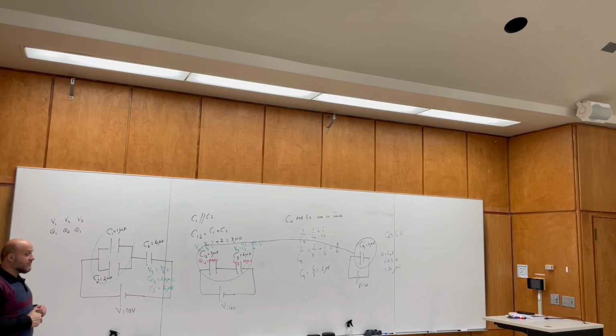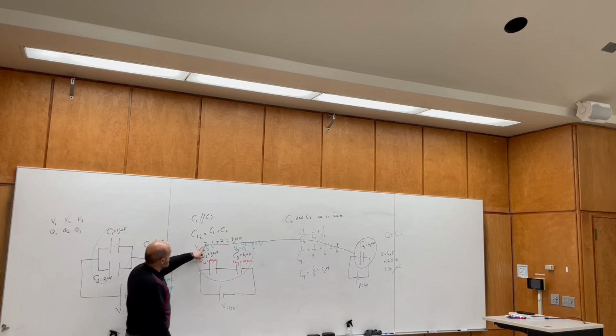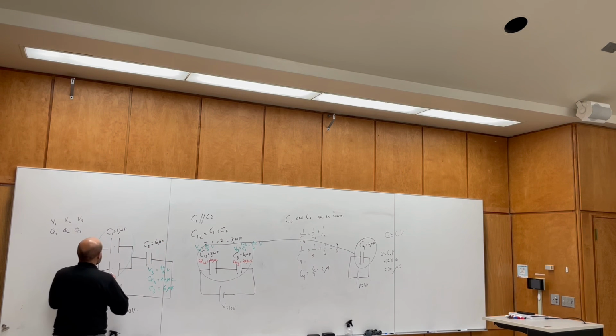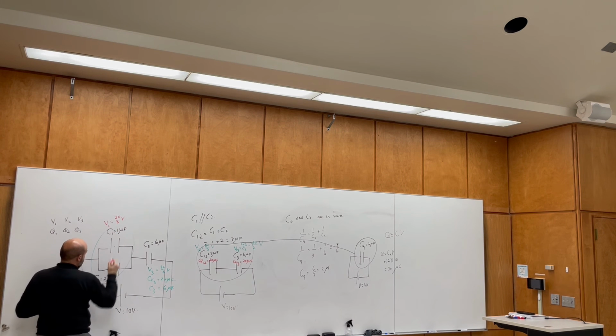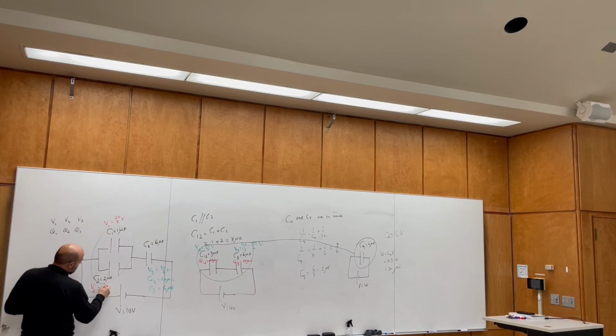And parallel means they have the same voltage as the equivalent. So if this voltage is 20 over 3, V1 is 20 over 3 volt, and V2 is 20 over 3 volt.